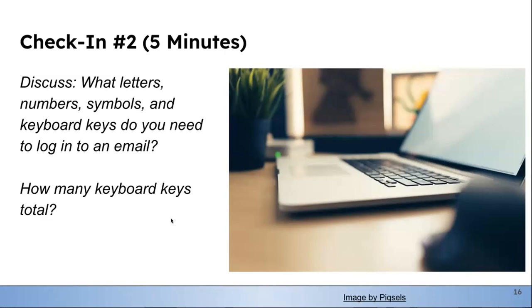So if you're teaching a class and they need to learn all of this, how many of those do you tackle in one lesson? What do you think?